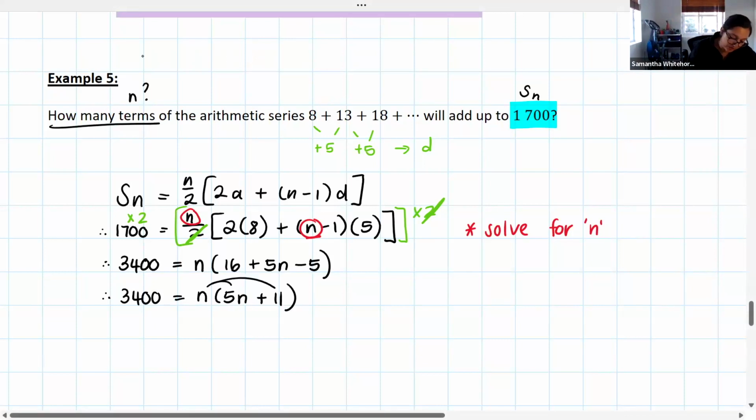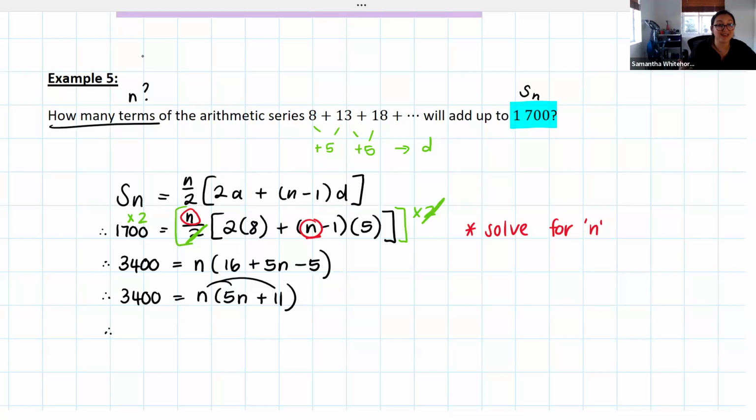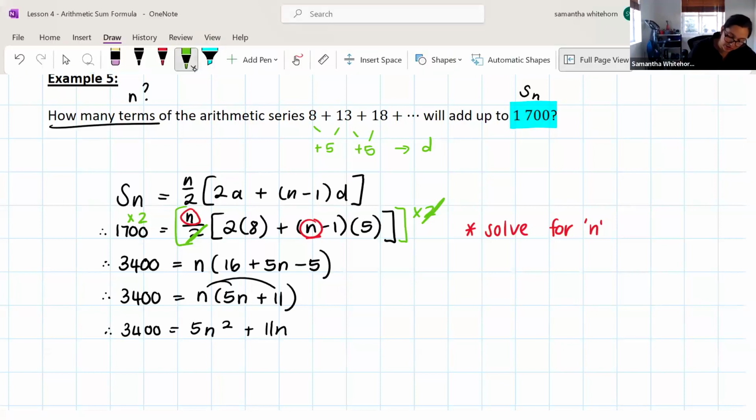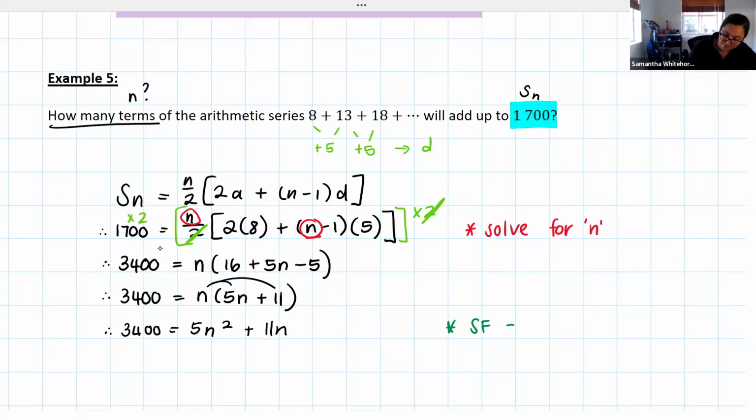So I need to distribute n in order to get it into standard form. And so I've got 3,400 is equal to 5n squared plus 11n. Remember, standard form for your quadratic equation is ax squared plus bx plus c is equal to 0.